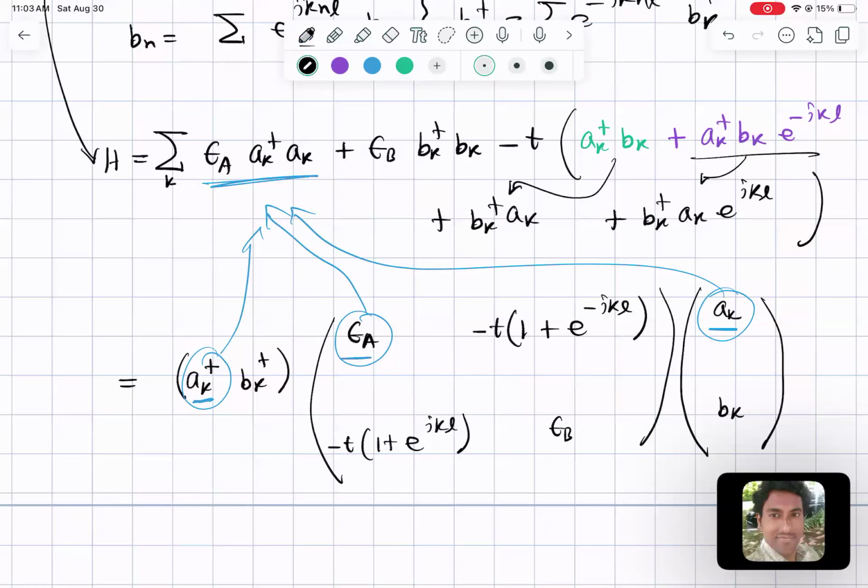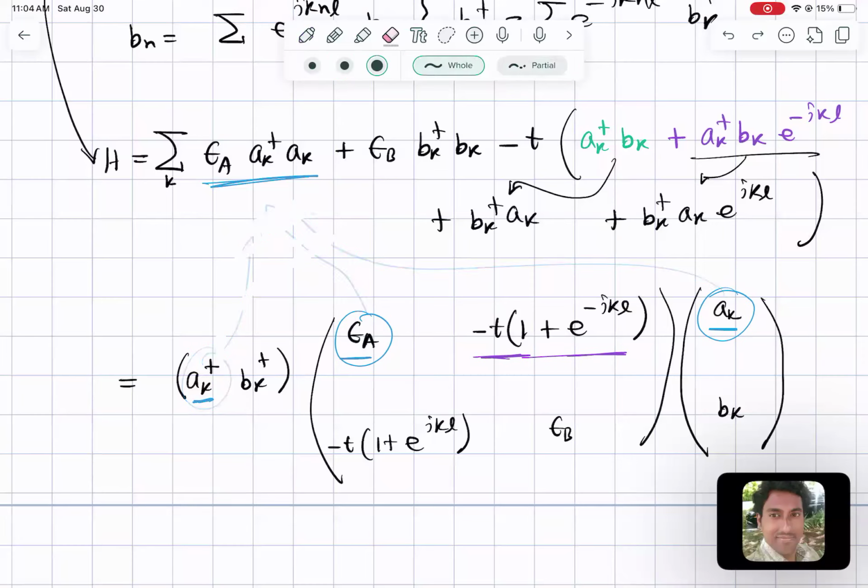And we can try to make sense of the second term, for example. Here I have minus t and minus t e to the power i k l. Clearly, it's the off-diagonal term. So you take A_k dagger, let me erase those for the moment so that it's easier.